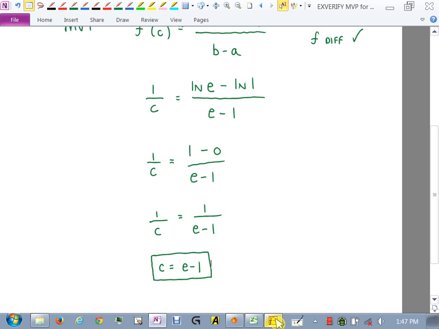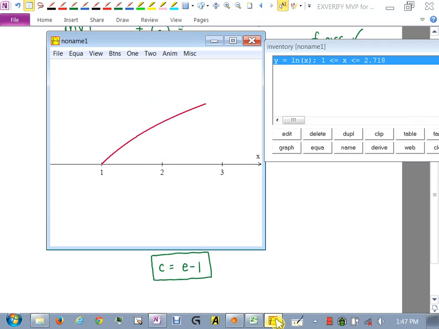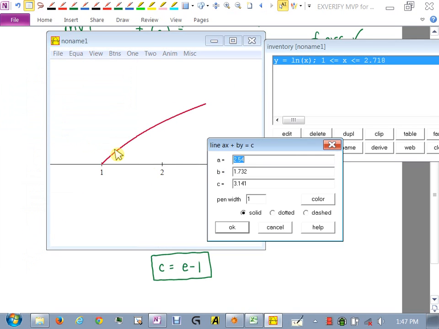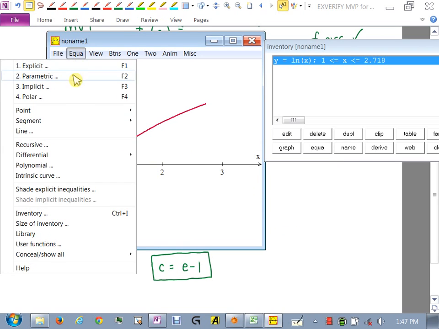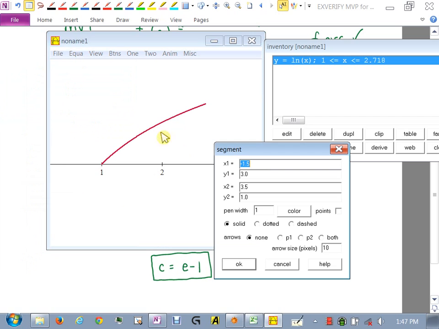Now, I'm going to go back up and take a look at this graph again. I would like to first draw a segment that starts out at 1, 0, and ends up at e, 1.